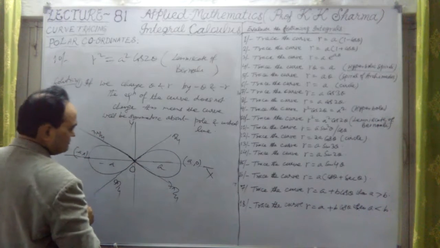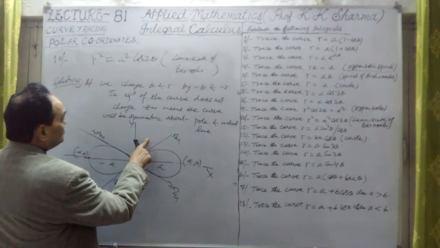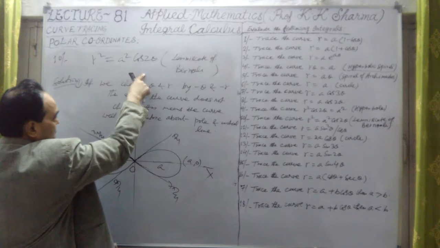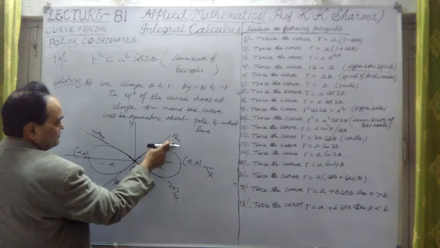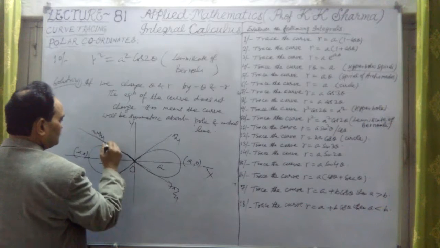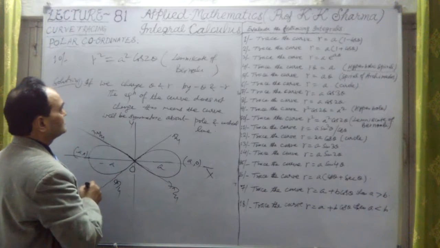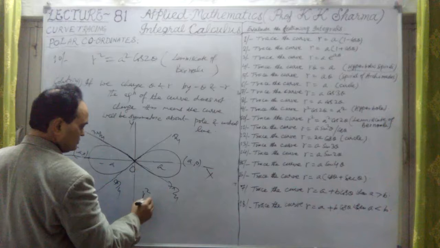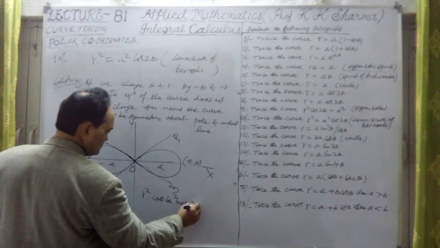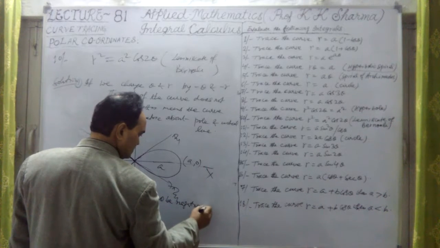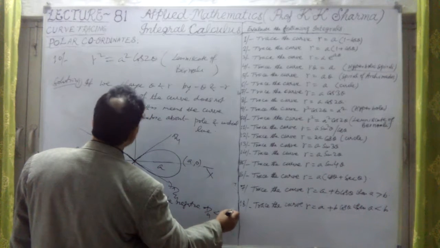How do we find out this value? If I just take theta as pi by 2, the value will be negative. Even at pi by 6 it will be negative. So pi by 4 is the tangent. From pi by 4 to 3 pi by 4 there will be no existence of the curve, because r square will be negative in that situation, between pi by 4 less than theta less than 3 pi by 4.